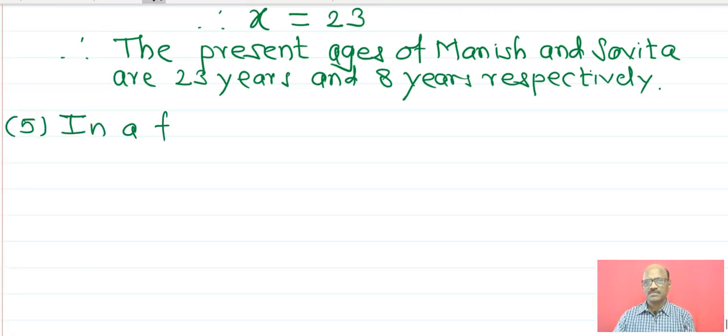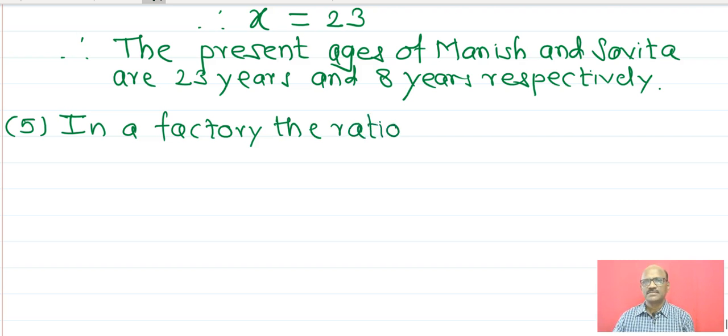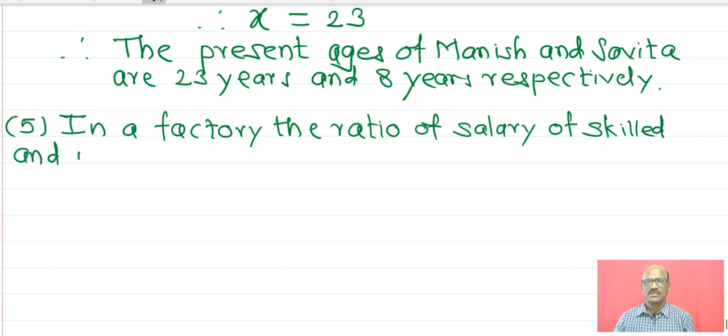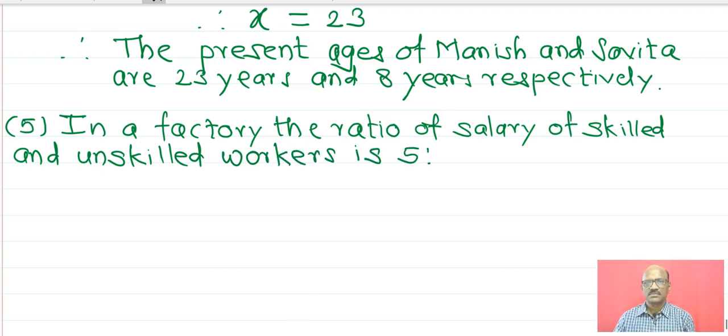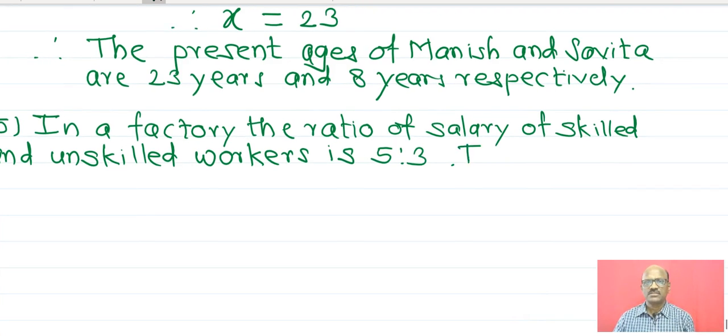Now example number 5. In a factory, the ratio of salary of skilled and unskilled workers is 5:3.